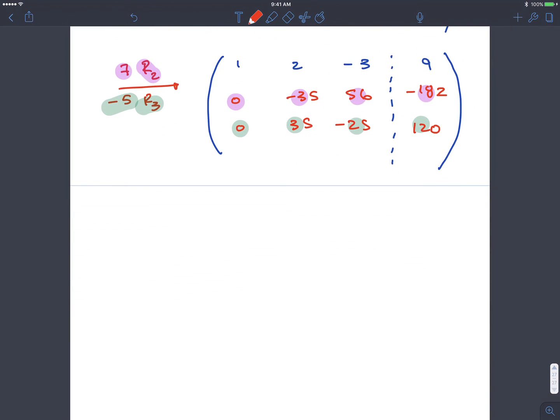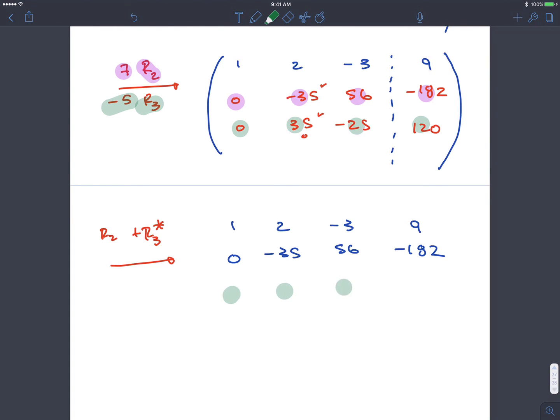We are now ready to take row 2 and add it to row 3, which will change row 3. We have opposites in this position here. Remember, we want to zero this out. So row 1 and row 2 will not change, so I'm going to copy down these values: 0, -35, 56, -182.